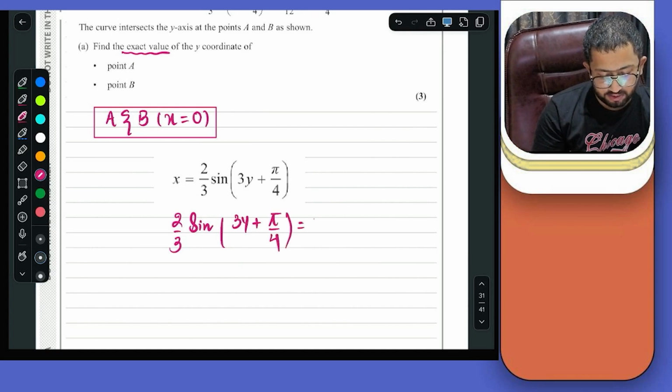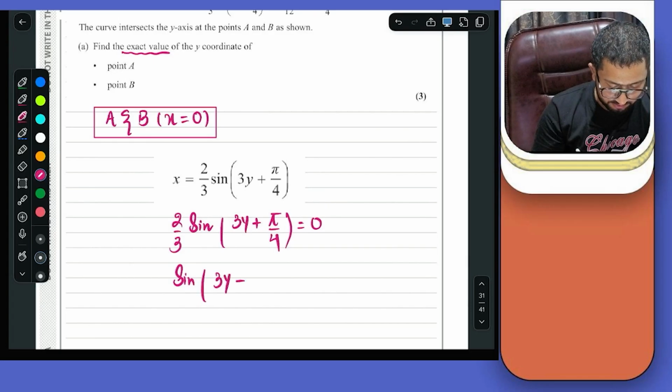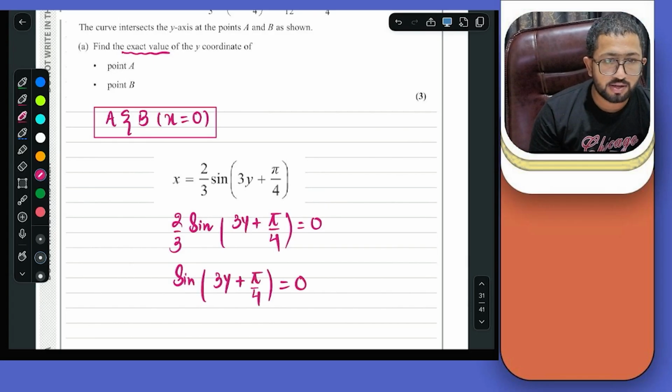Shift 2 by 3 to the other side. Obviously 2 by 3 multiplied by 0 gives 0.